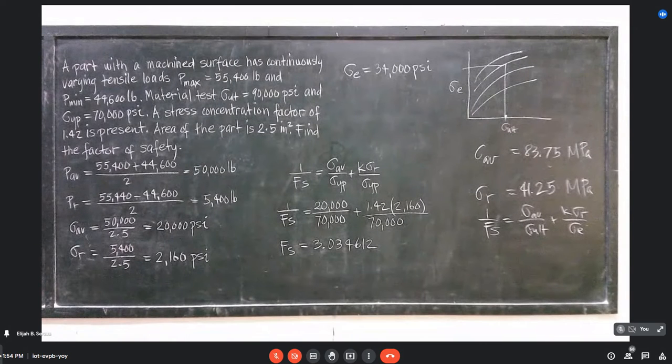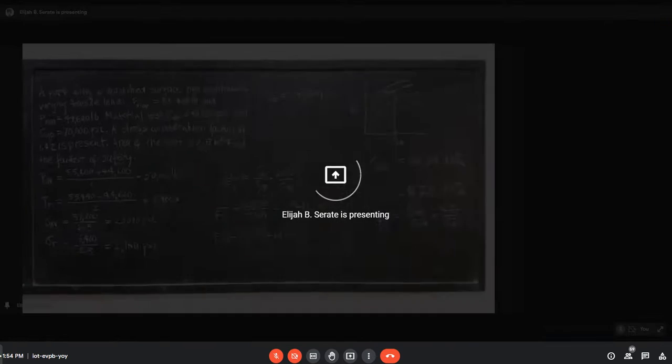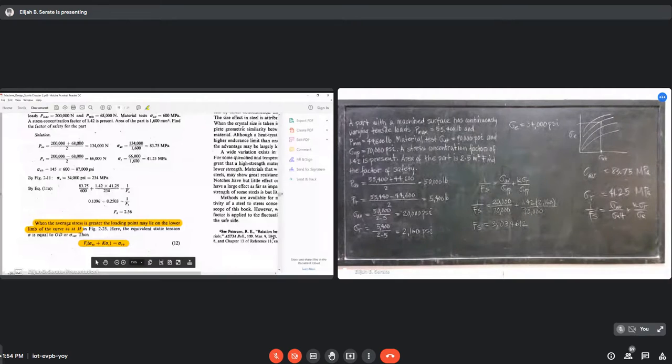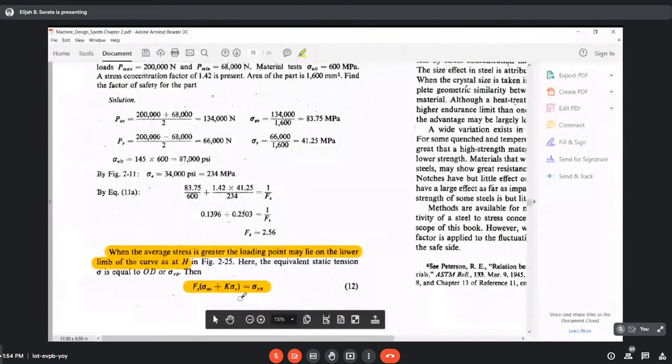I-share na ko. Kita ninyo? That is what I highlighted. Yes, sir. Okay, we modify this one.